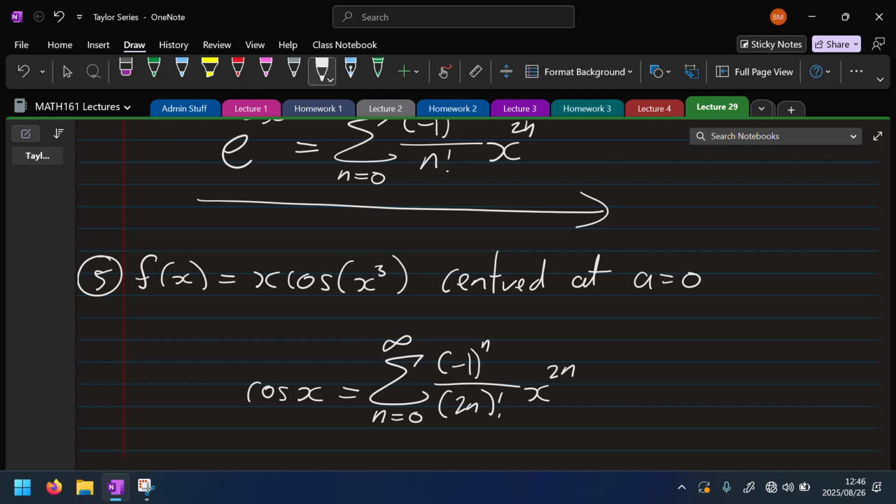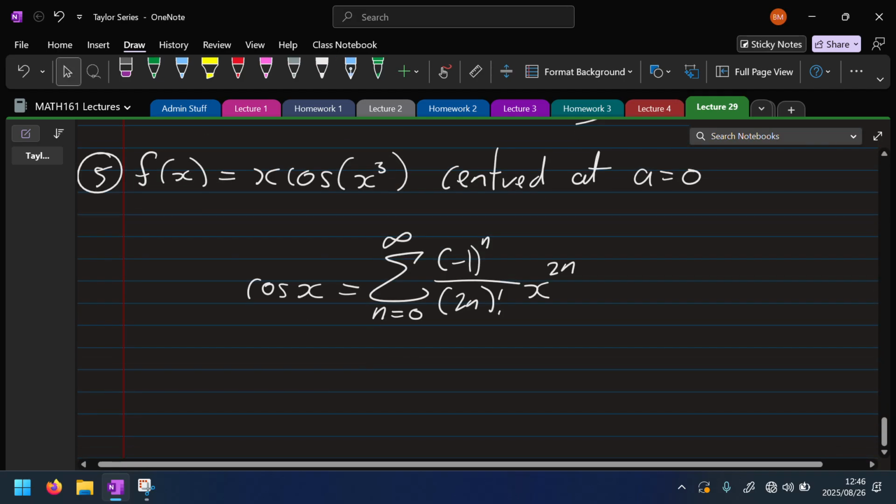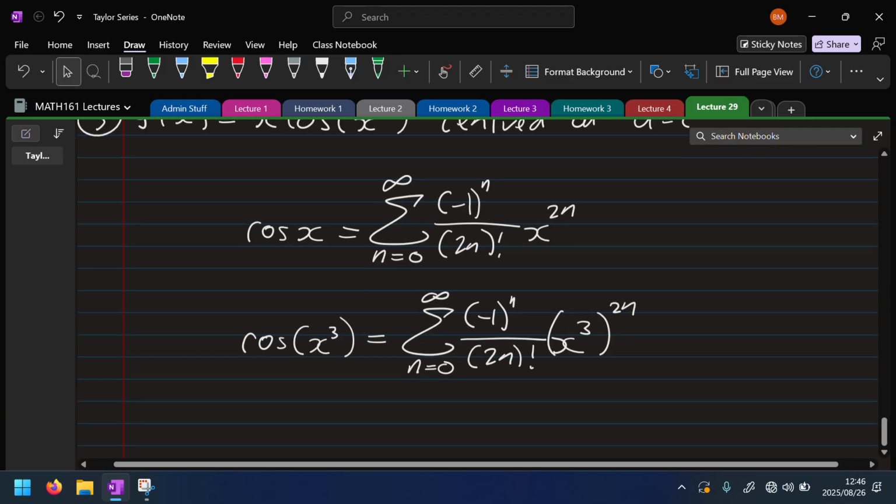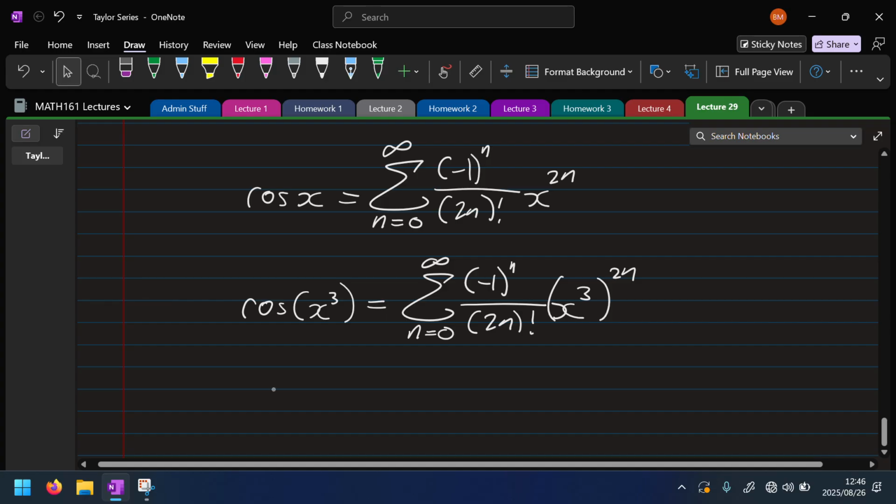So we'll do the same trick as before and replace x with x cubed. That will be the sum, n goes from 0 to infinity, minus 1 to the n, over 2n factorial, x cubed now, to the 2n. Like before, the 2n can jump inside, so it will be x to the 6n.